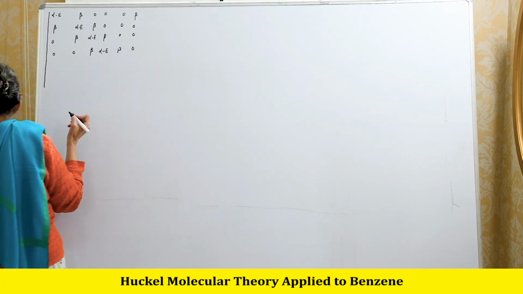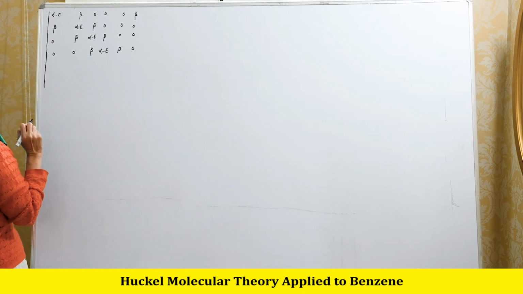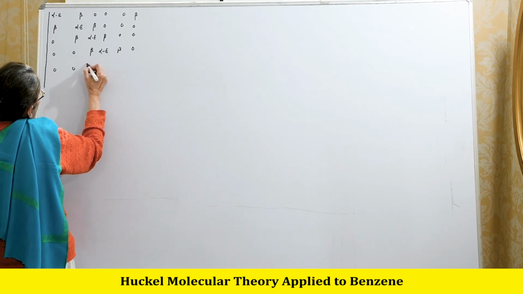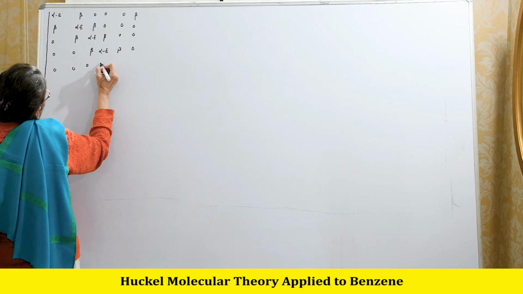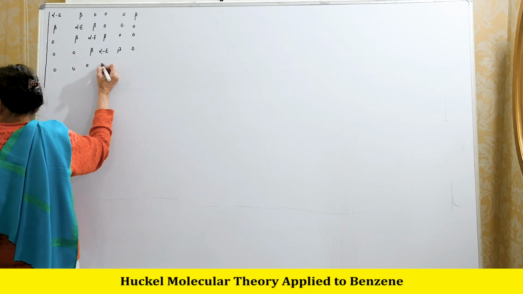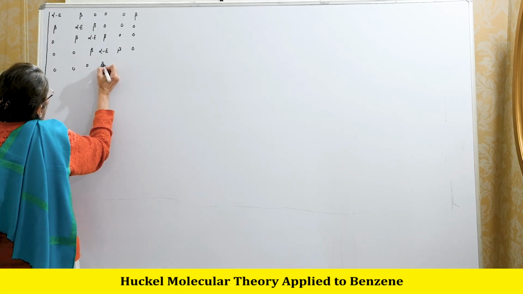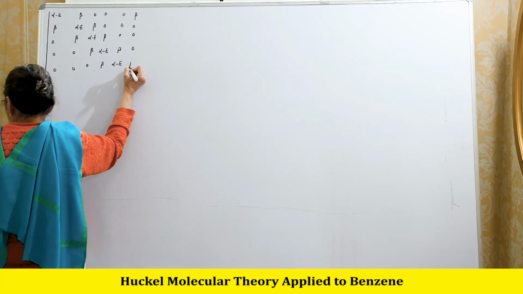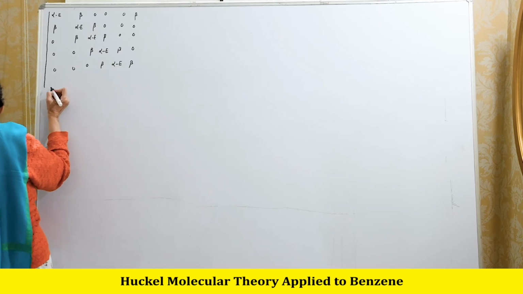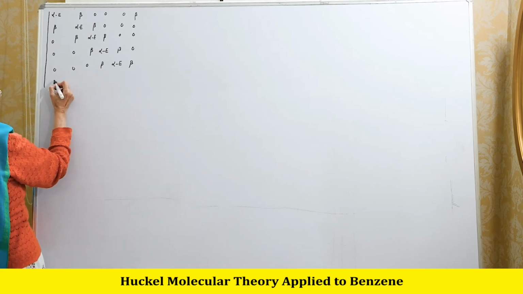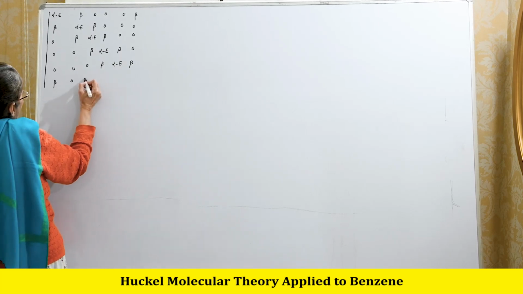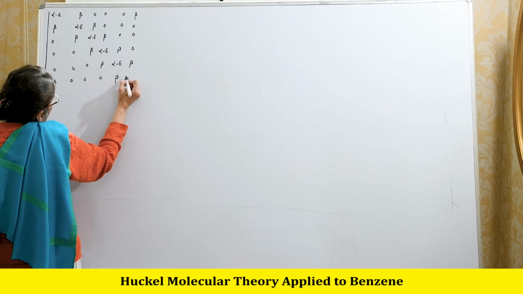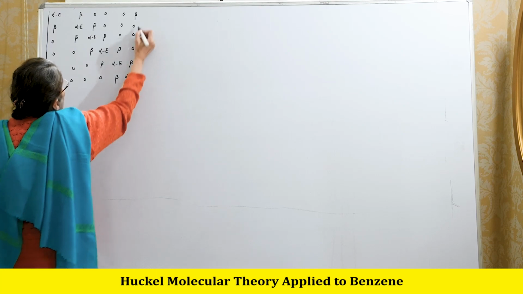And the sixth row is beta, 0, 0, 0, beta, alpha minus E.